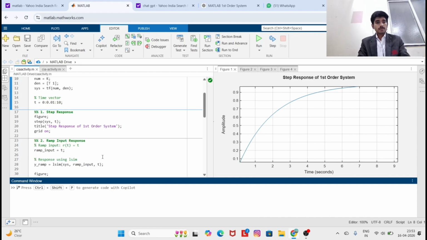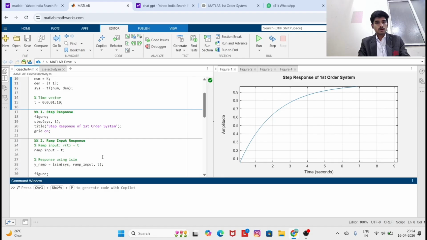Let's see the step response. In this program, the step input means the input suddenly changes from 0 to 1 at t equal to 0. The first order system cannot change output instantly due to the time constant. The output increases gradually with time.